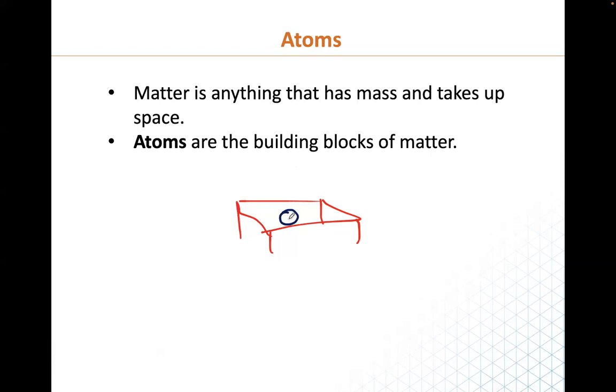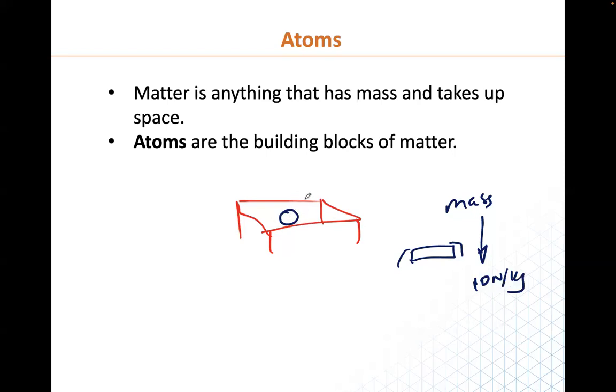If you put this ball on a weight balance, it's going to weigh something. So that means it has mass, which has been acted on by gravity, Newton per kg, and it also is taking up space.